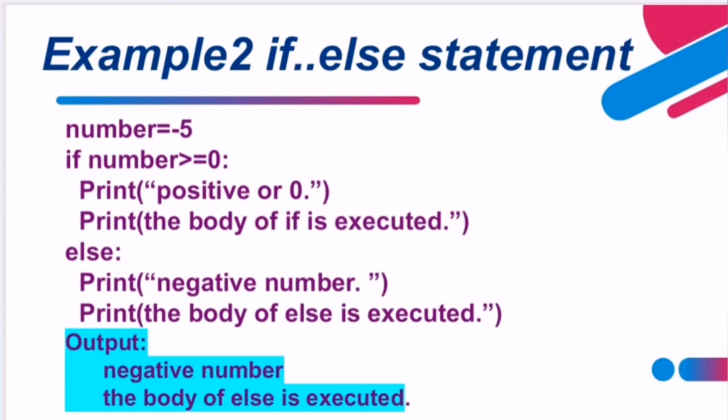So the output of this program is the else print statement, negative number, and the body of else is executed. So here the Boolean expression number greater than 0 evaluates to false. That's why the body of else is executed.